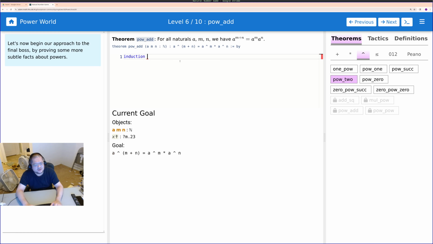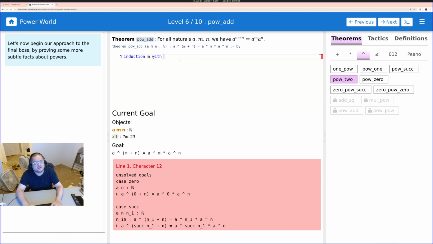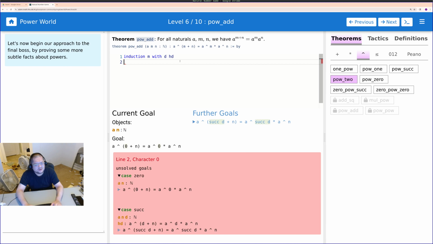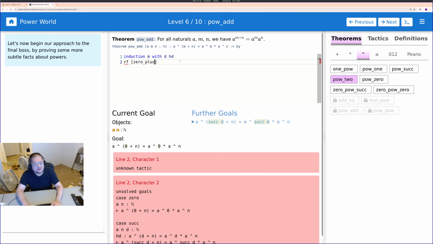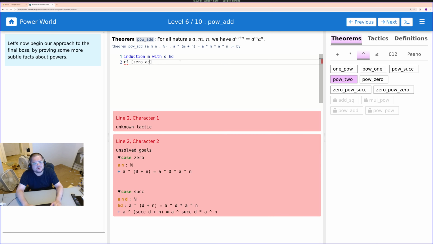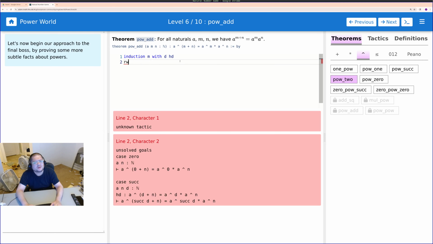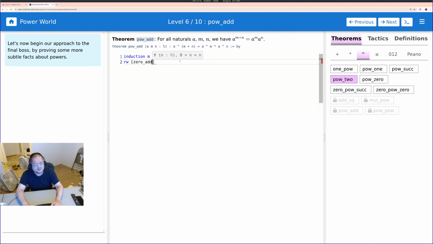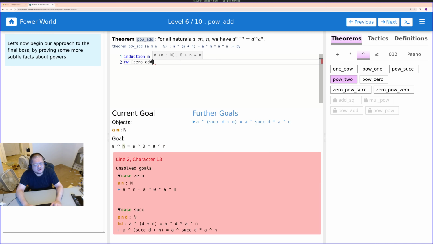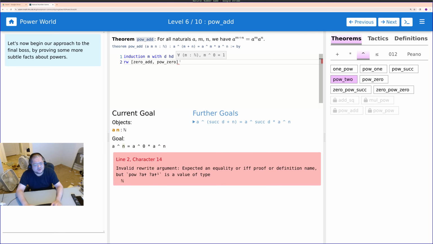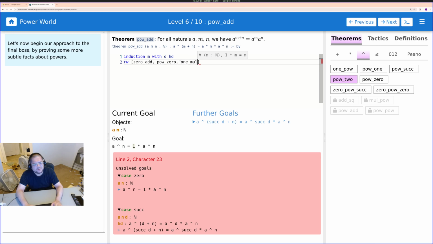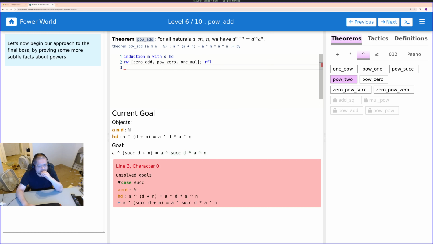Induction. Let's try M. Zero plus, 0 add, power 0, 1 multiply. That solves it.